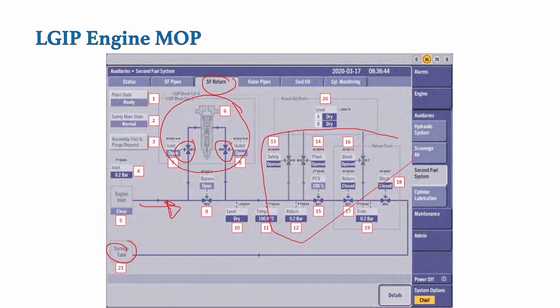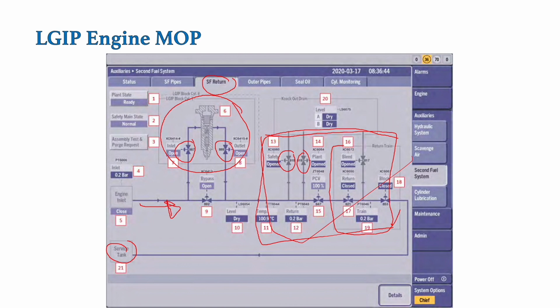On this you can see the return valve train is shown by this section, but in reality this whole section represents the return valve train. In this return valve train, as you can see, these two valves are there, which are directly venting out the LPG to the vent mast.